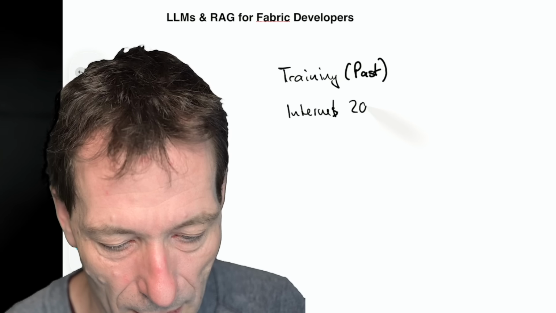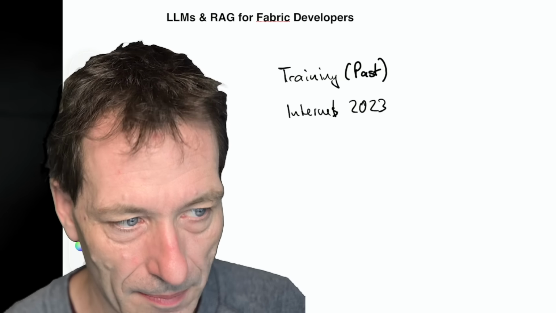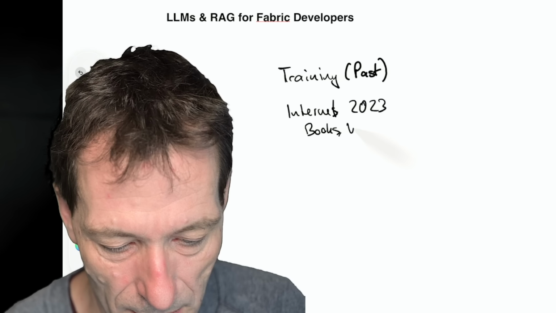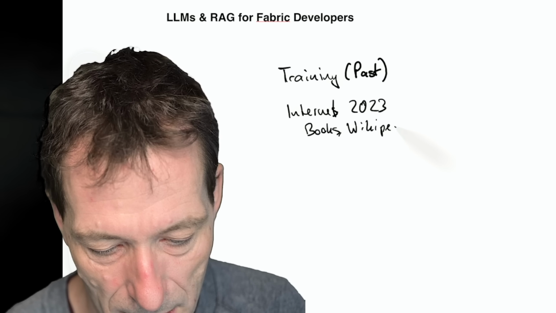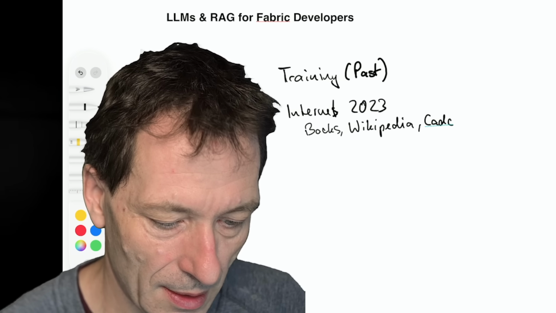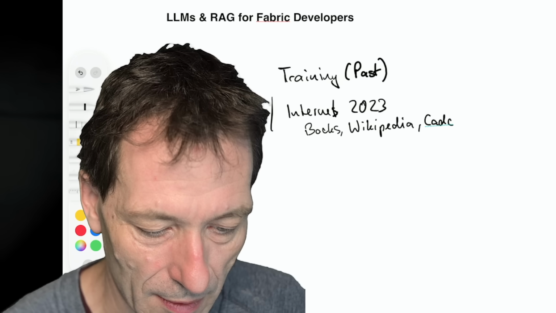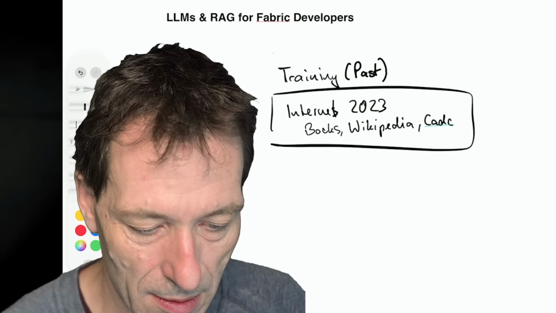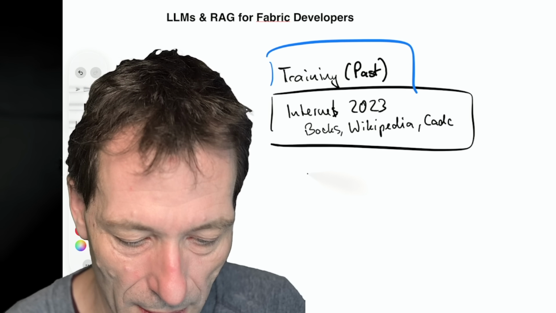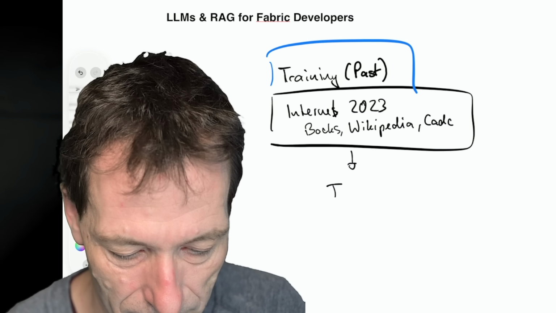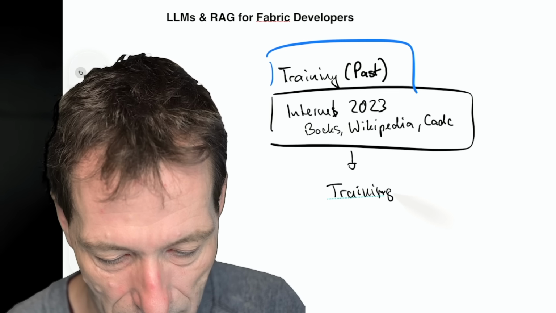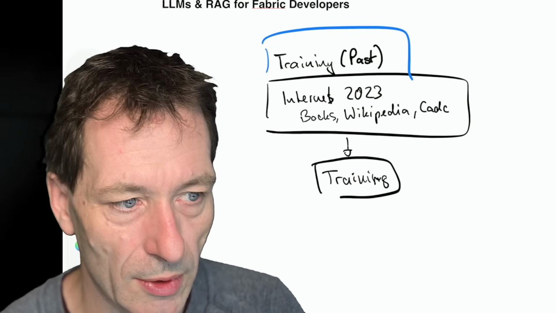GPT-4, for example, with the internet as of 2023, with books, with Wikipedia, with code, everything, you name it. So all this is like the input in the training process. Training happens.